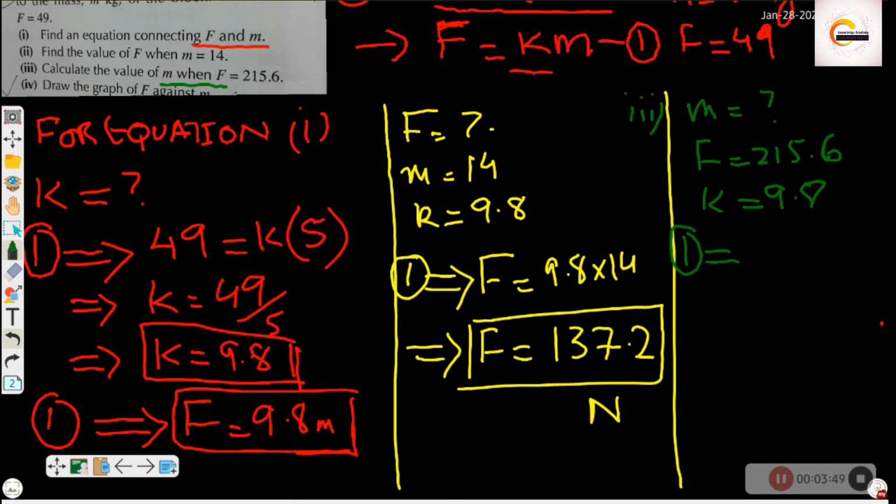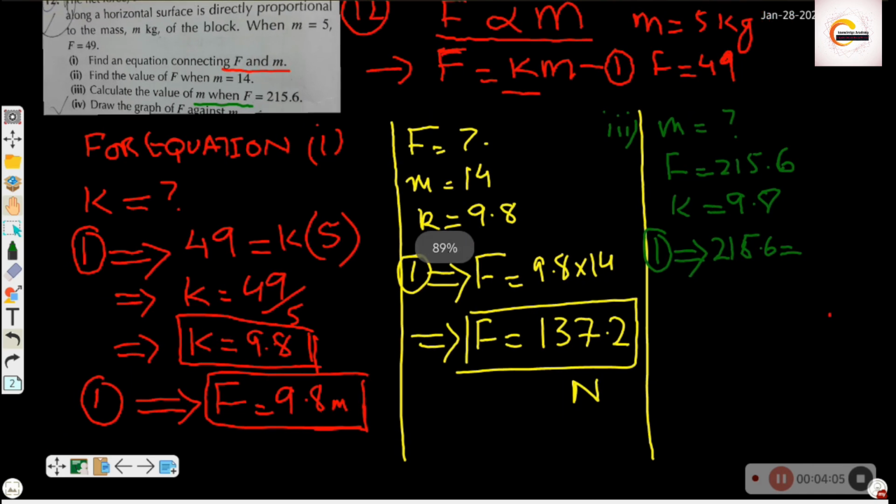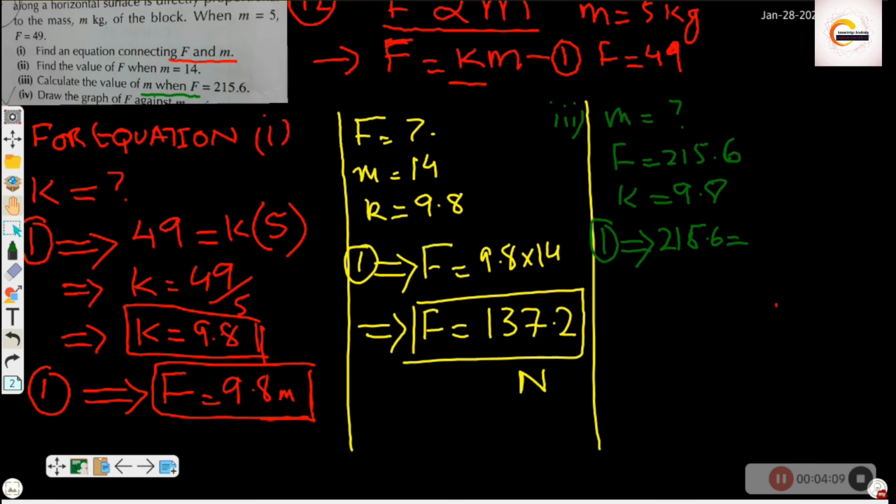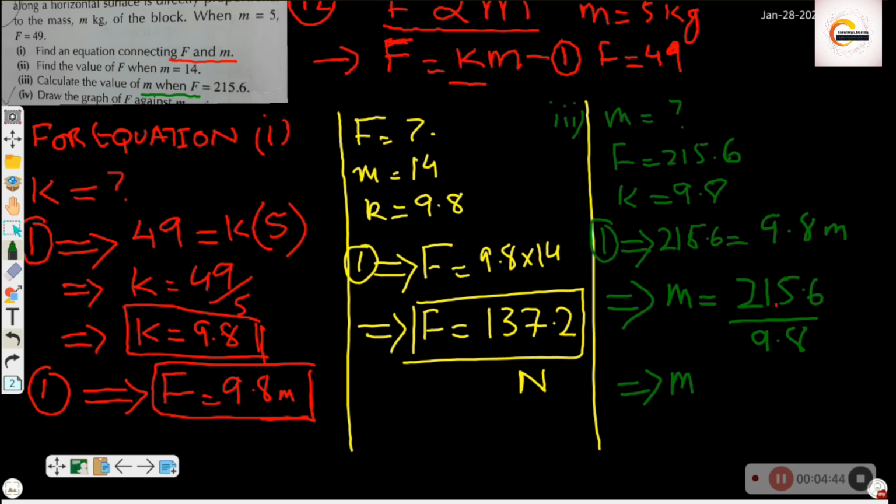Again, using equation 1, 215.6 is equal to 9.8m. So m will be 215.6 divided by 9.8.